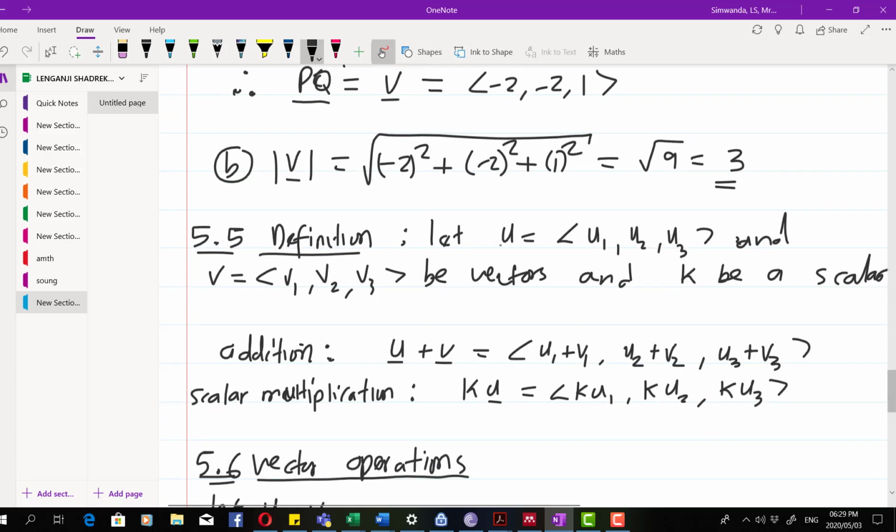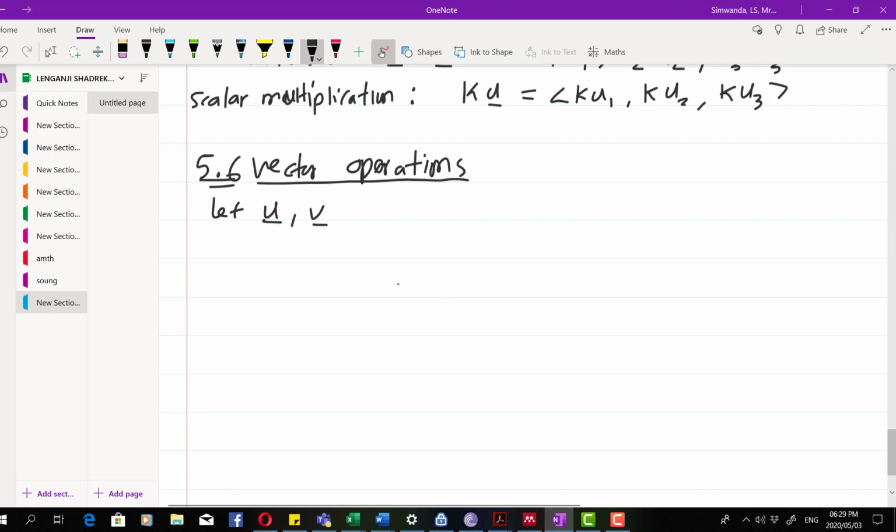So I think I didn't underline u, I also didn't underline v. So always don't forget that you can use underlines to show that you're talking about vectors. So let u, v, and w be vectors, and let a and b be scalars.